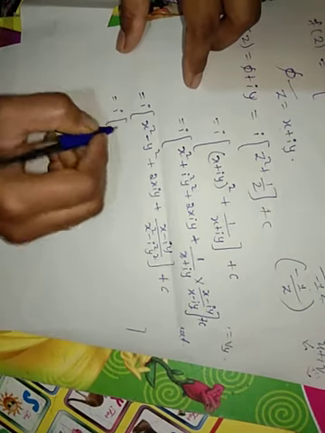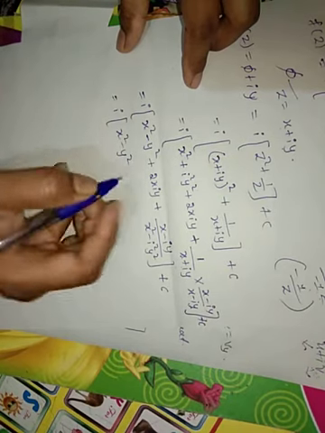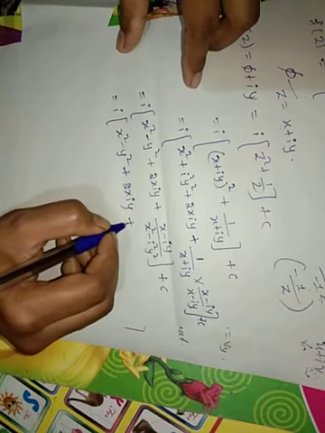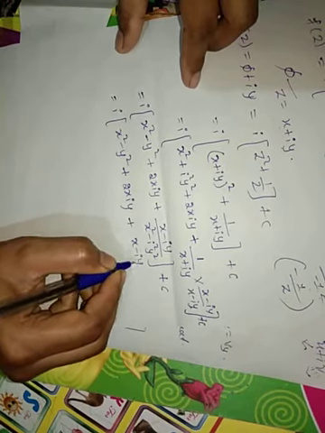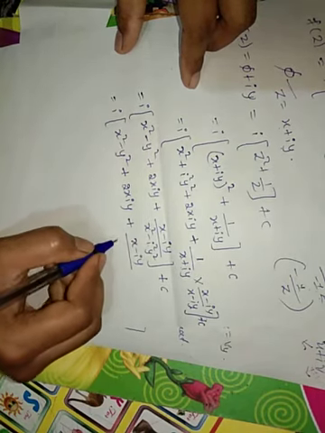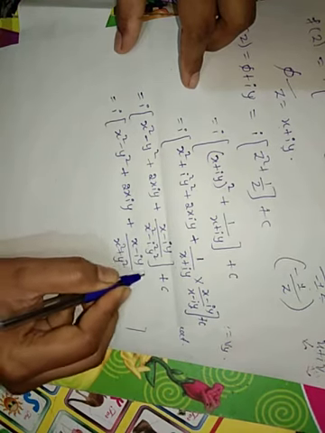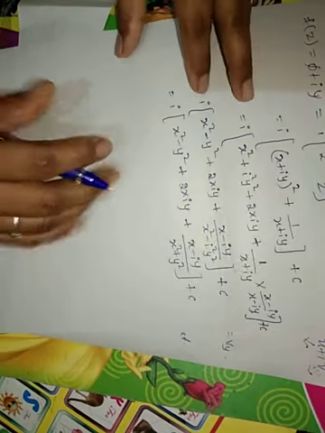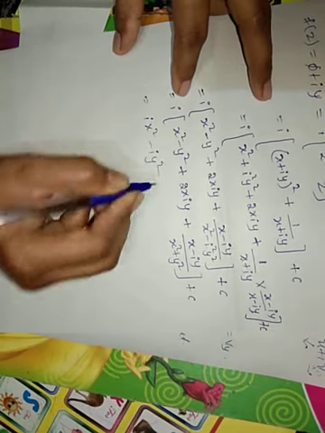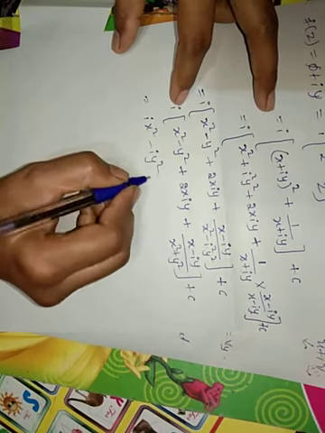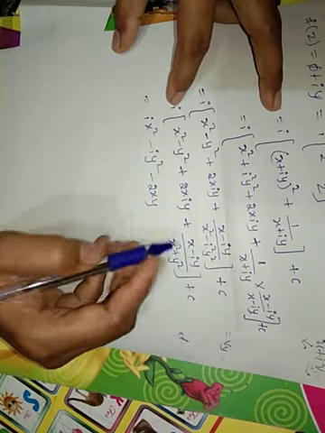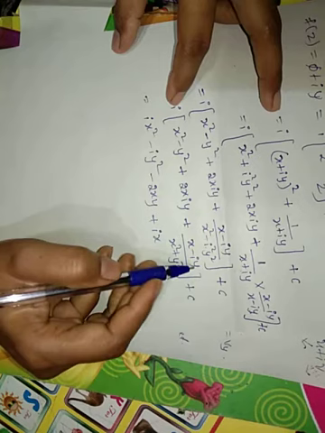So i into x square minus y square plus 2xiy plus x minus iy divided by, i square is minus 1, minus of minus plus, x square plus y square plus constant c. So open the bracket here: i into x square minus i into y square, i into i square is minus 1, minus 2xy, plus i into x.